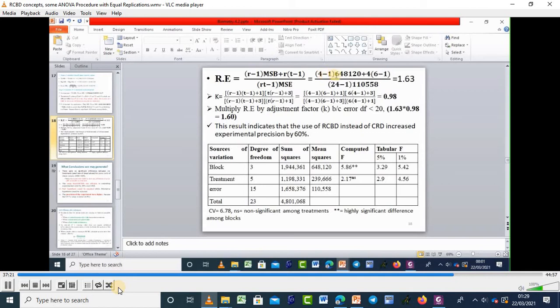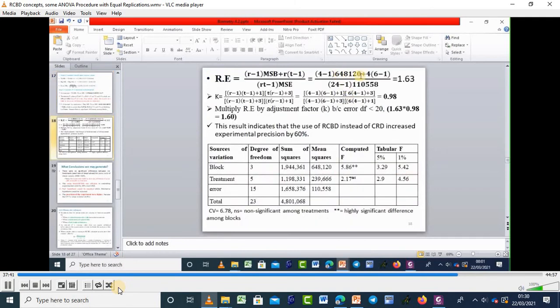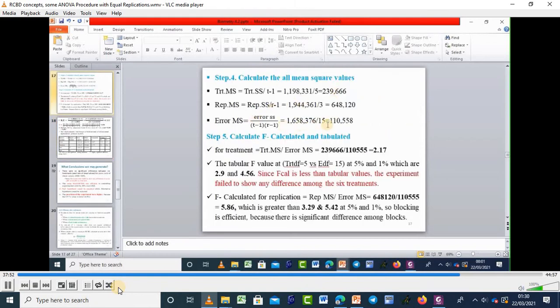Replication here is the block mean square value, so the block or replication mean square value is this one, plus 4 replications and treatments 6 minus 1. Similarly, the error mean square.